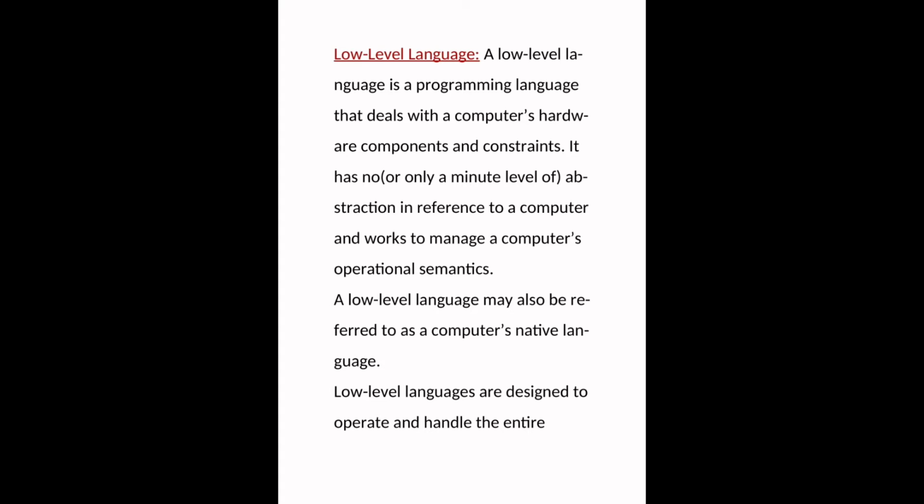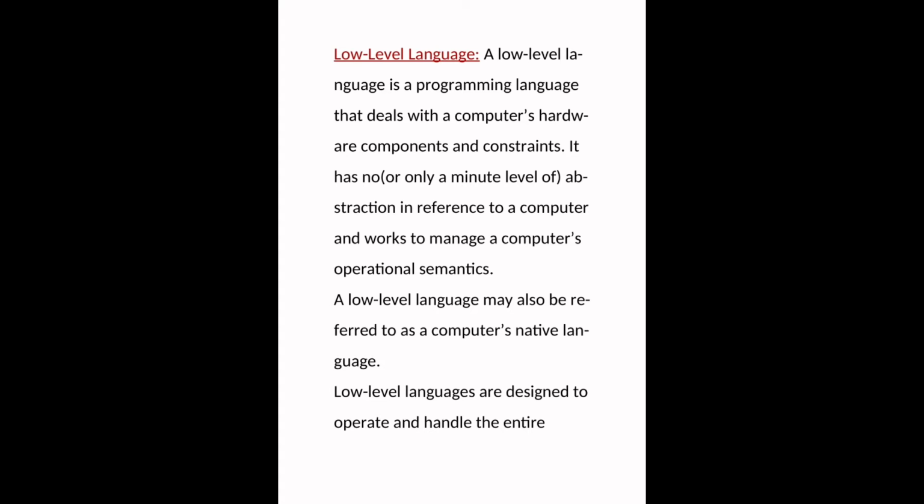Computer hardware has a language because it does not understand our human language. And that's why there is a computer hardware language. It is called low-level language or binary language or machine language.